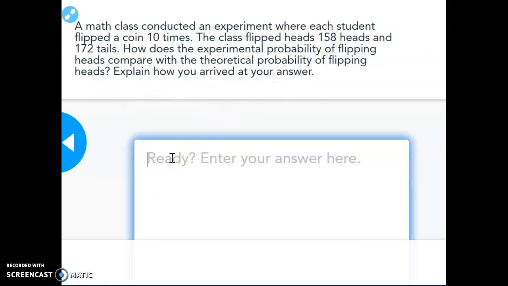Theoretical: if I am flipping a coin, I have 2 choices, and I'm flipping heads, so it's 1. There's only 1 head and 2 total, which equals 50%.